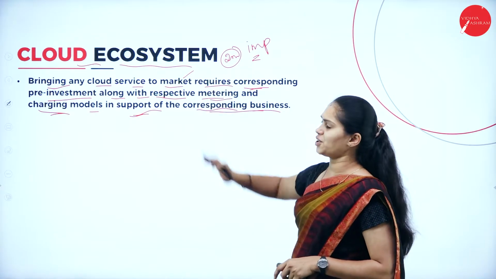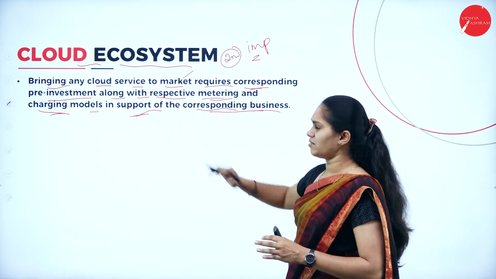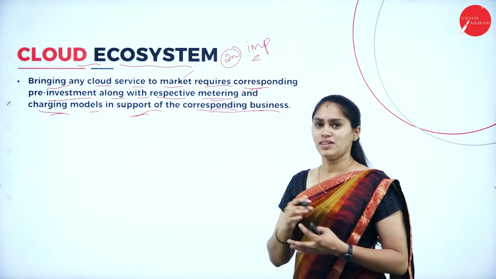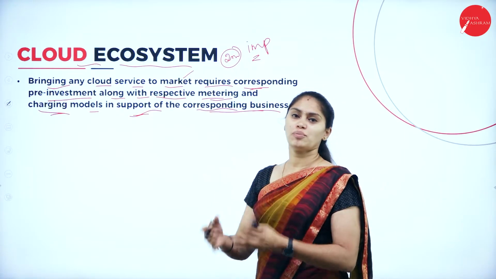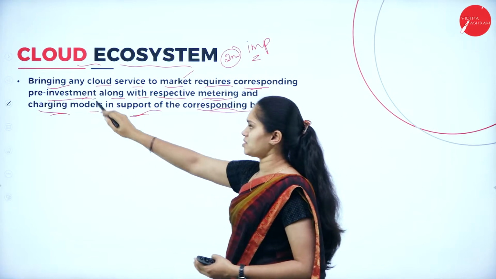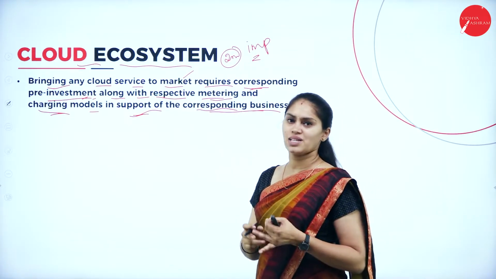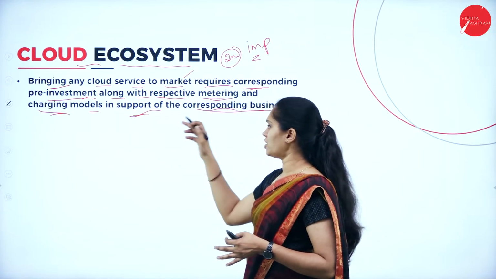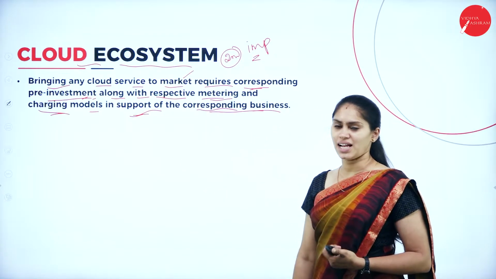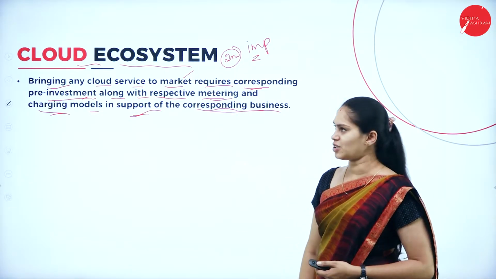So this is related to the cloud ecosystem. If I want to bring any service to the market, I have to pay something, pre-investment needs to take place, and it has to have metering as well as charging in order to support the business functionality and business operations. That is the cloud ecosystem.